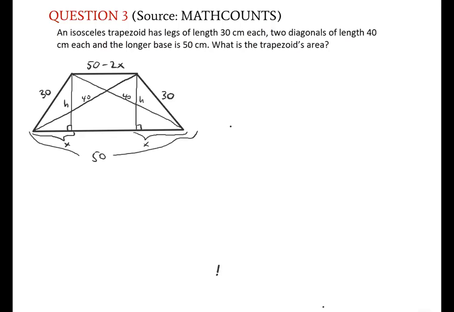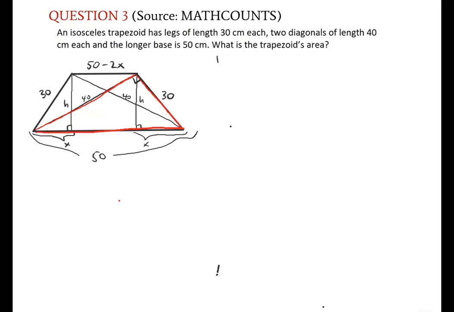So to find h, first of all, from the side lengths of this triangle, we can see that it is a 3, 4, 5 triangle. And 3, 4, 5 triangles are actually right triangles. So we can find the area of the right triangle.